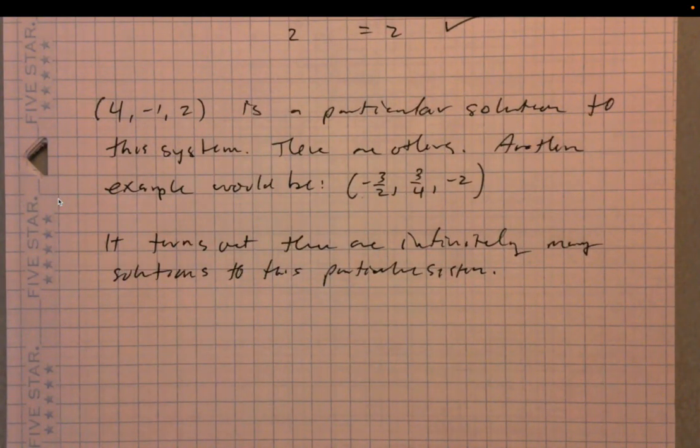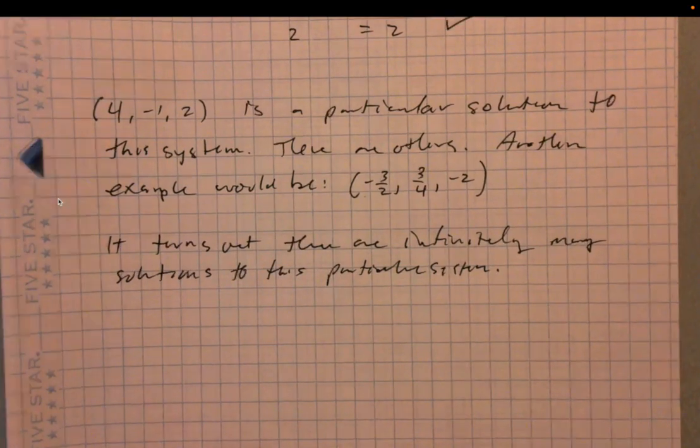Very good. Let's go ahead and formally define what we mean by a system and knock out some kind of formal description of what we mean by the solution set here.